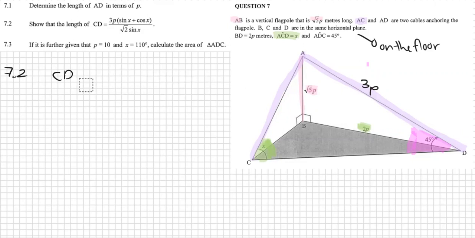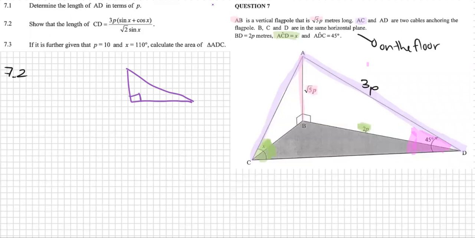So tools in the toolbox, we have the sine rule. If we look at the triangle that we were just working with in the previous question, we had a 90 degrees triangle.